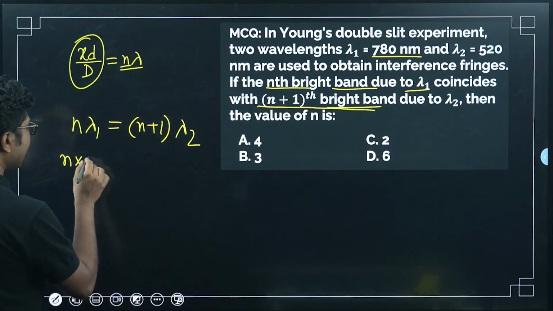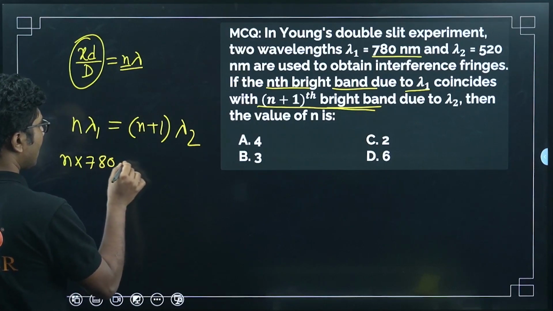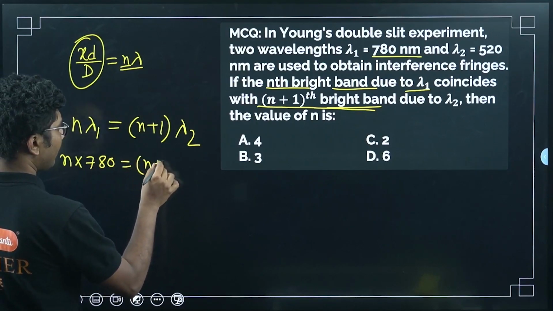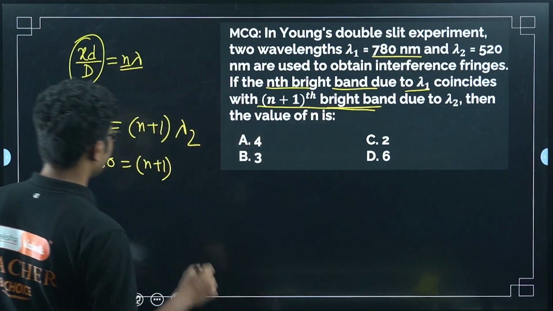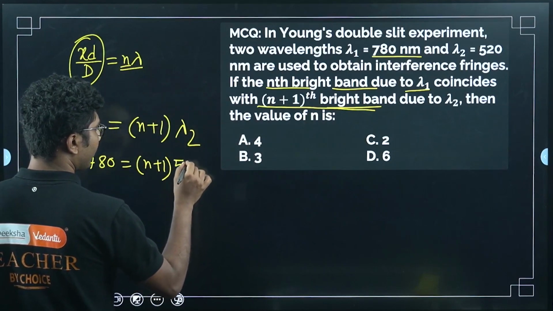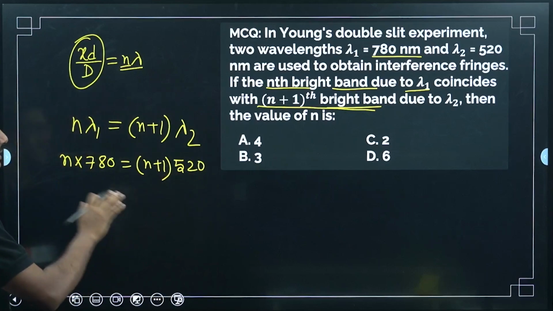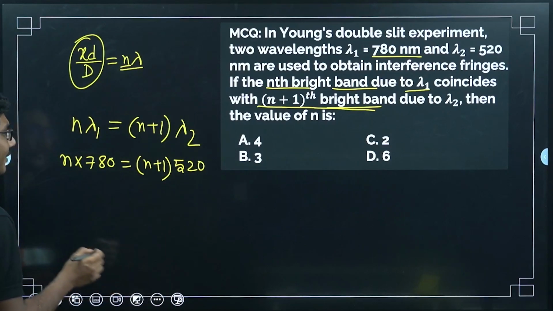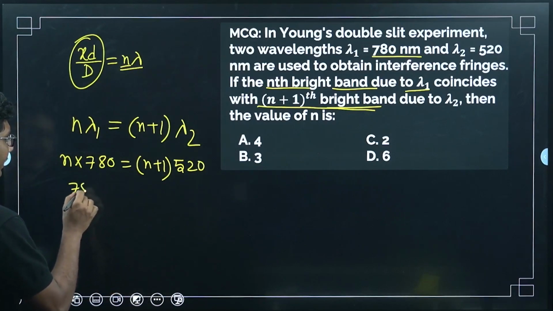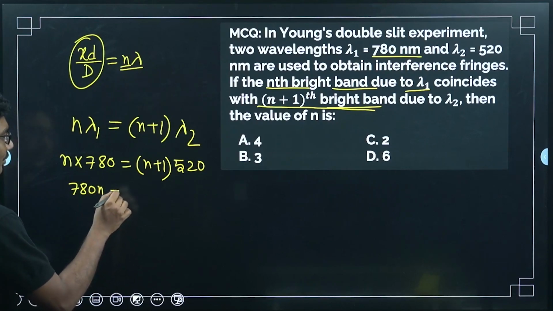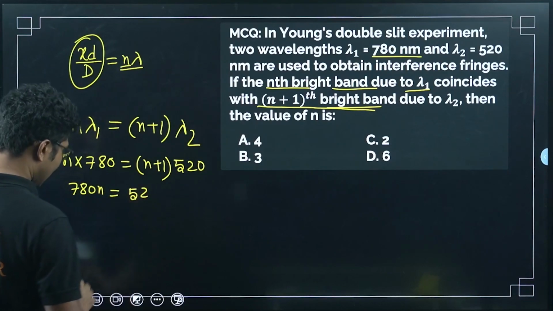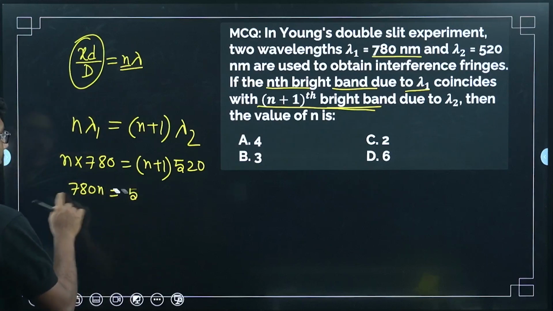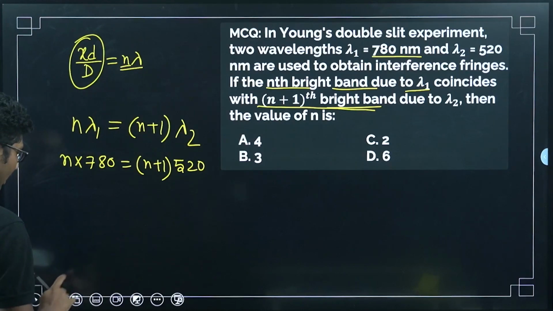Lambda 1 is 780, (n plus 1), lambda 2 is 520. Both are in nanometers, so we do not need to convert the units. 780 n equals 520 (n plus 1). Let me reduce these values a little bit, it will help us in the next step.